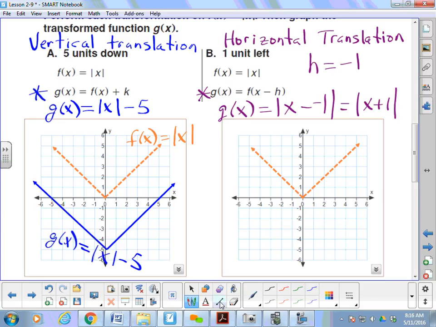All right, so we draw the line. So what happens if I shift it 1 to the left? Okay, so what changes then? The x-intercept is going to change. Instead of it being at 0, it's going to be at -1.